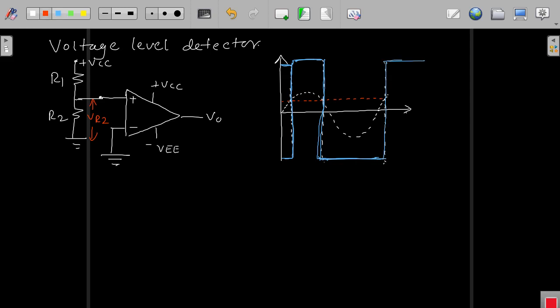So this is my VR2, and this is my plus V0 set, this is minus V0 set, this is T. You can think.